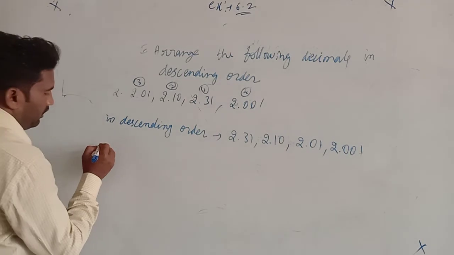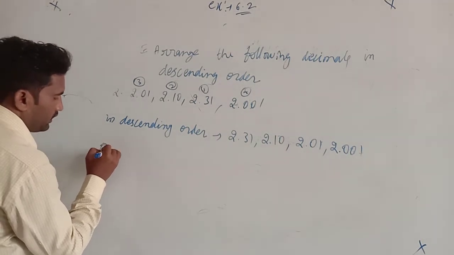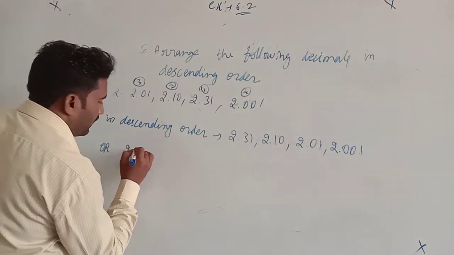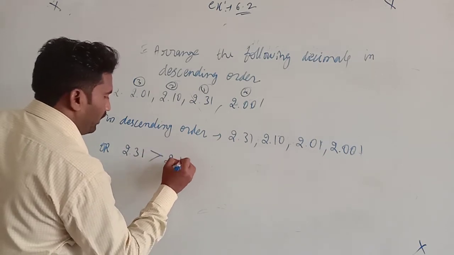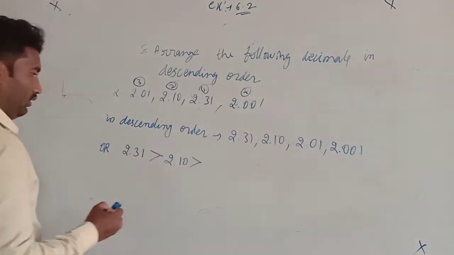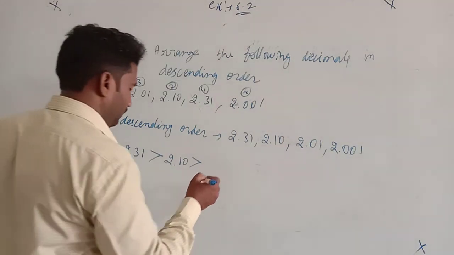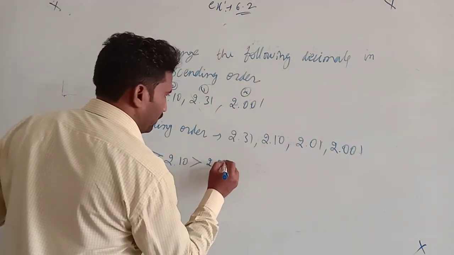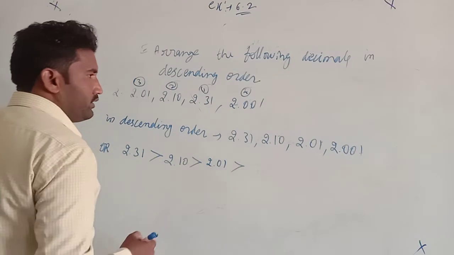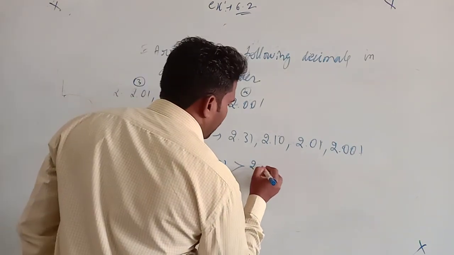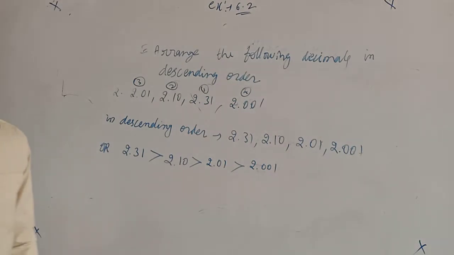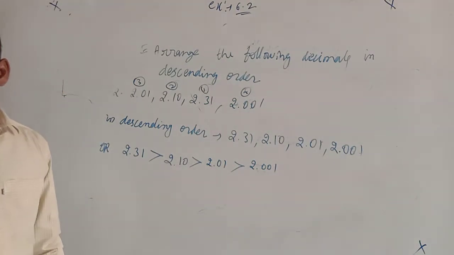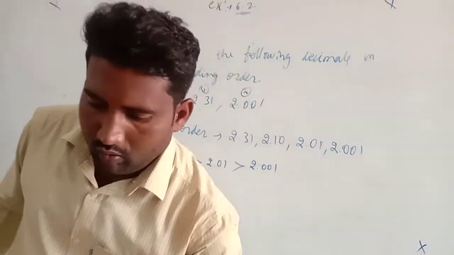So in symbols, we write 2.31 is greater than 2.10. 2.10 is greater than 2.01. 2.01 is greater than 2.001. Okay, so there is another problem. That is for homework.